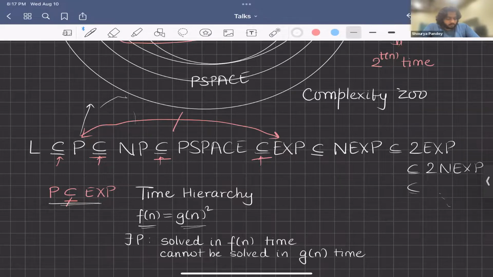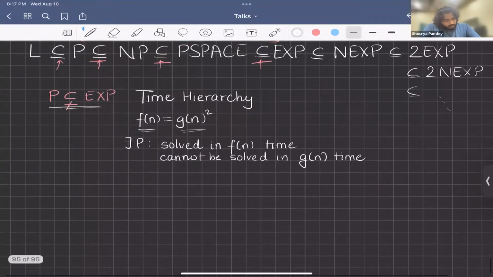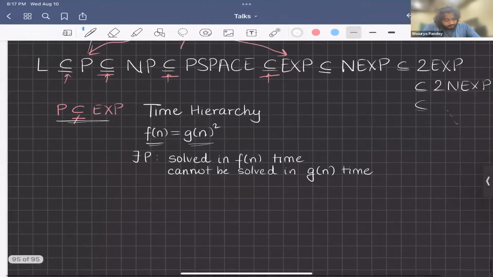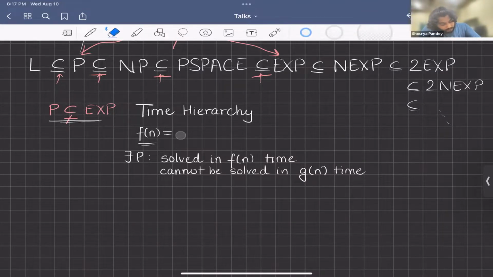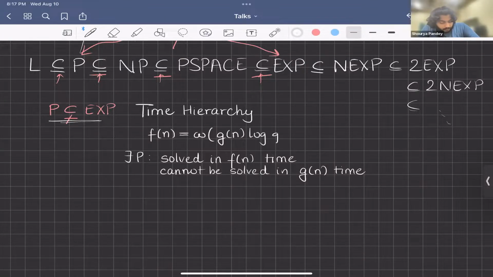So yeah, this is the time hierarchy theorem. Then we also have things like the space hierarchy theorem, which is something similar to this. And yeah, this is the main method to prove that P and X are separated from each other. More precisely, we can also say it holds if f of n is much more than g of n log g of n.